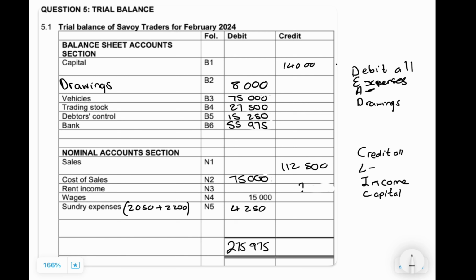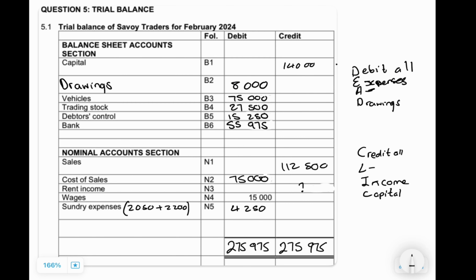Your balance on the debit side and your balance on the credit side must be the same. Rent income, we have no amount given to us. There was nothing in the additional information, which means it will be a balancing figure. So you're just going to transfer your debit balance onto your credit side, 275,975.